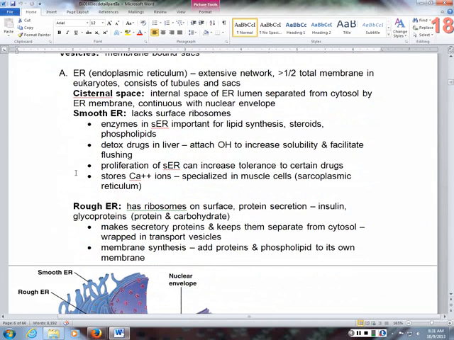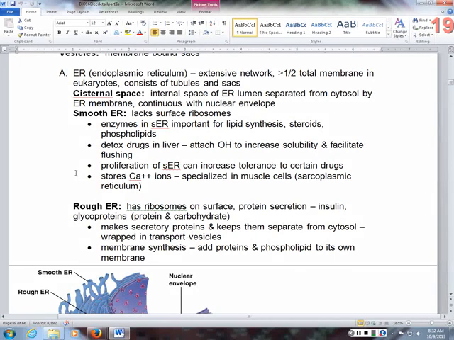So your endoplasmic reticulum is really extensive. It's about half of the total membranes in the eukaryotes. Lots of tubes and sacs in there. Inside of the membrane tubes, you've got the cisternal space. And it's just separated from the cytosol, but it is continuous with the nuclear envelope. So if you look at it like this, you've got a cell, and then you've got your nuclear envelope here.